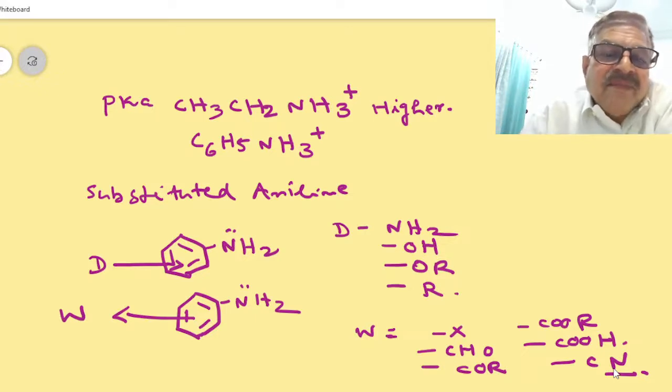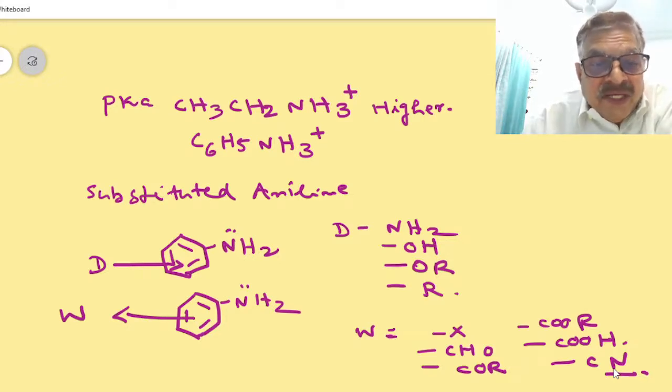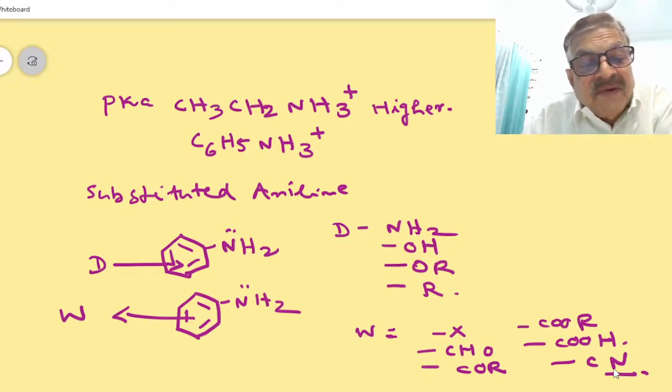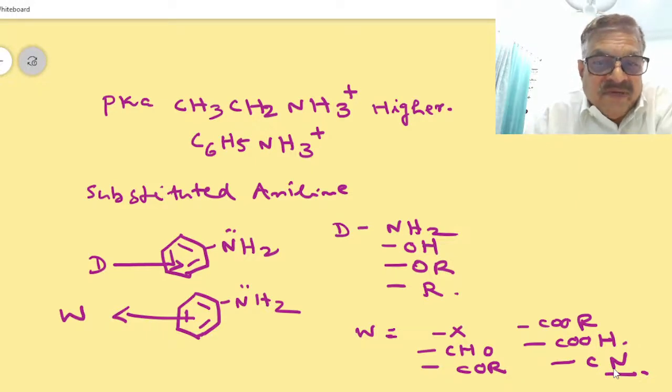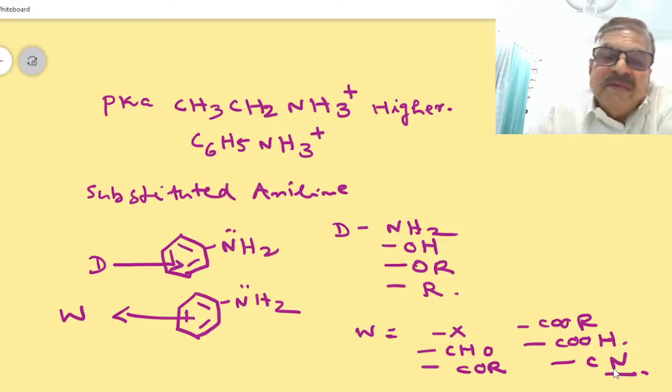In the case of aniline, on the benzene ring, we can have two different types of substituents. One will be an electron donating substituent and another will be an electron withdrawing substituent. In the case of electron donor groups, because they will add electron density to the benzene ring, the aryl amine will become more basic than aniline.